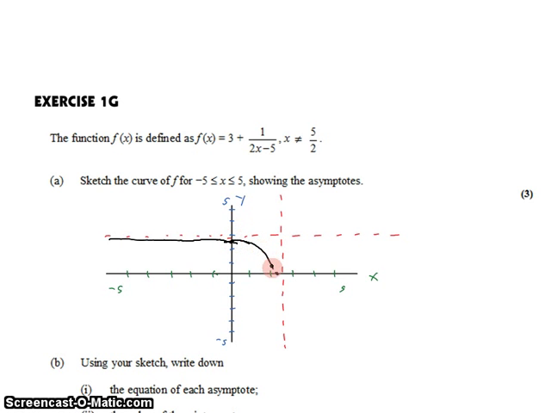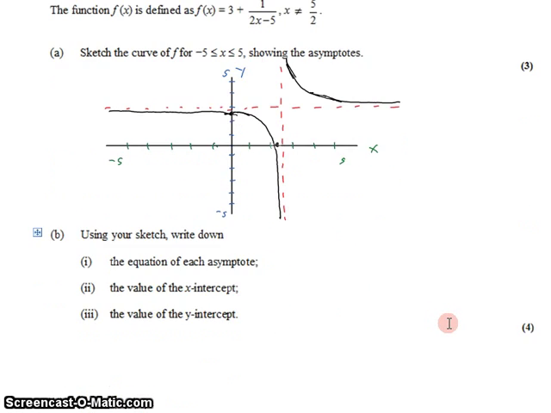We're going to bend around and down. We'll do the same thing on the other side. Alright, that looks pretty good to me. We've got some key points, like axes intercepts, and like it said, we've shown the asymptotes very clearly.